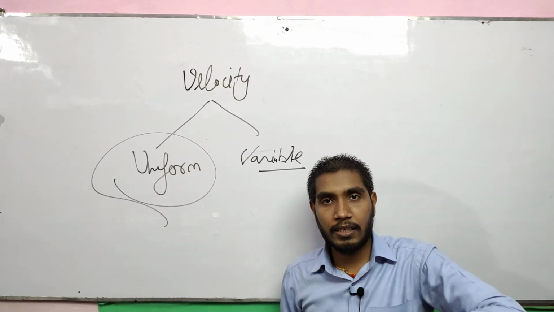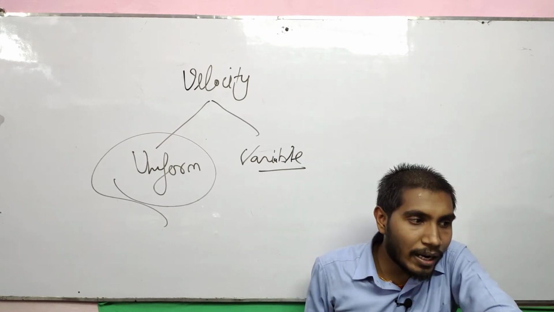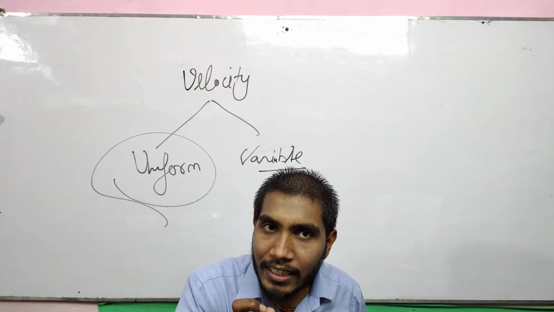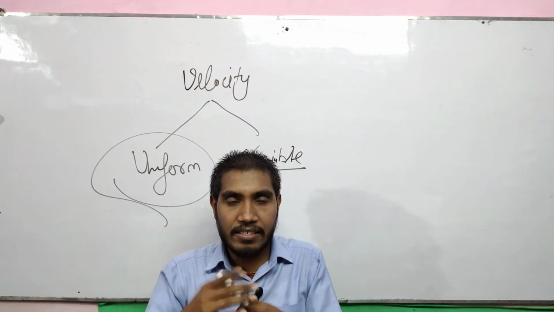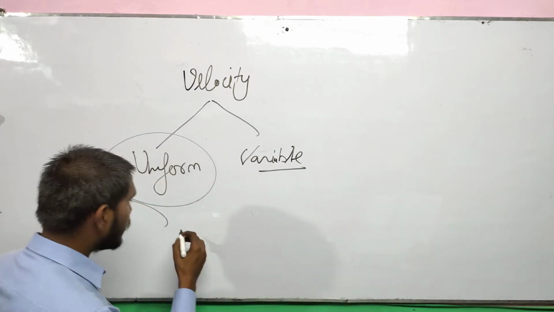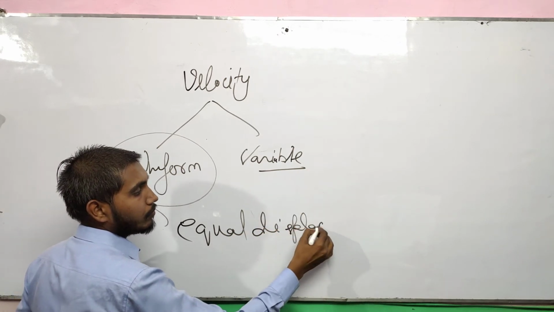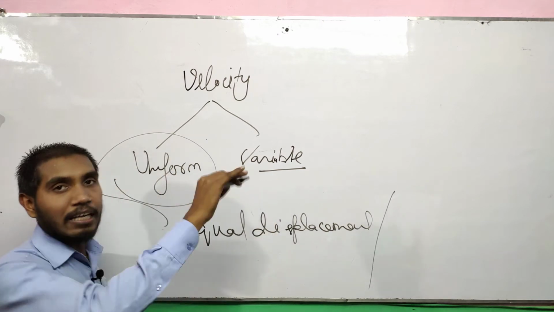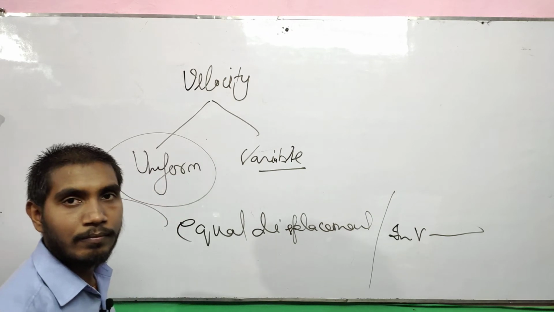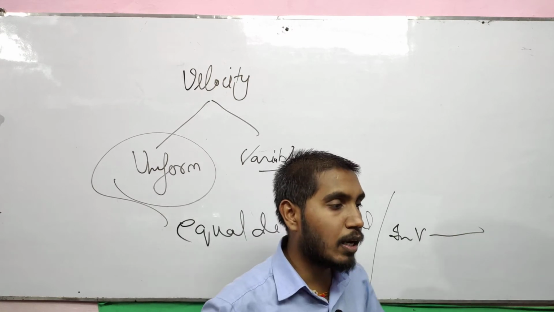When an object undergoes equal displacement in equal intervals of time, then the velocity of the object is uniform velocity.